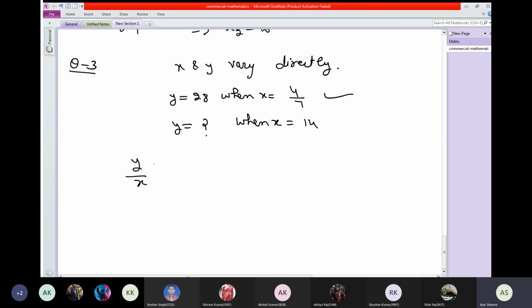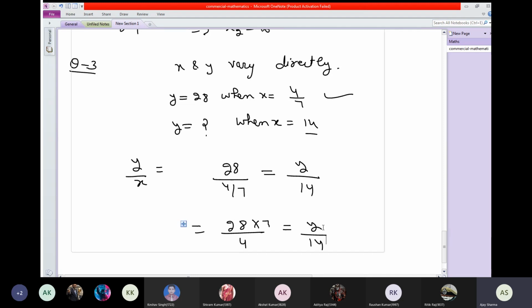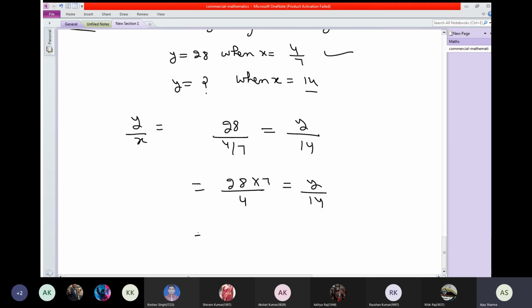Make the ratio y by x, that equals 28 divided by 4 by 7, equal to the next one again, y by x, where x is 14. Now when you solve, it will be 28 by 4 and 7 goes up as the numerator, and this 14 goes to the other side and it will appear in multiplication. 28 multiplied by 7 multiplied by 14 divided by 4 equal to y.